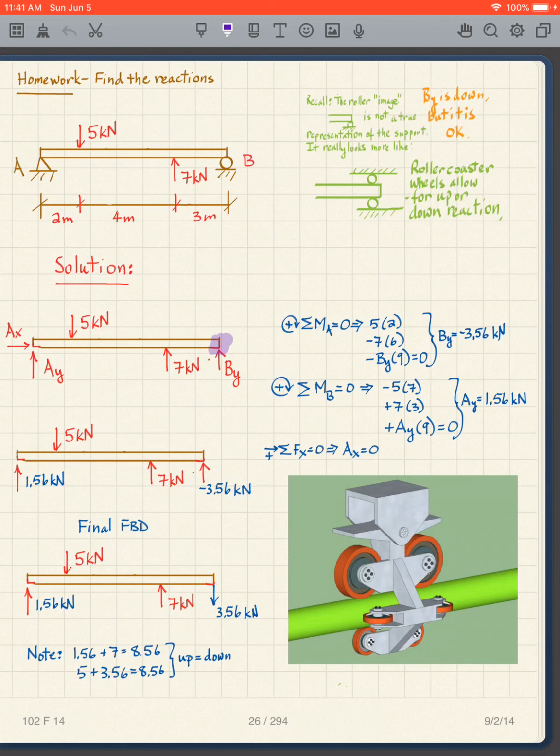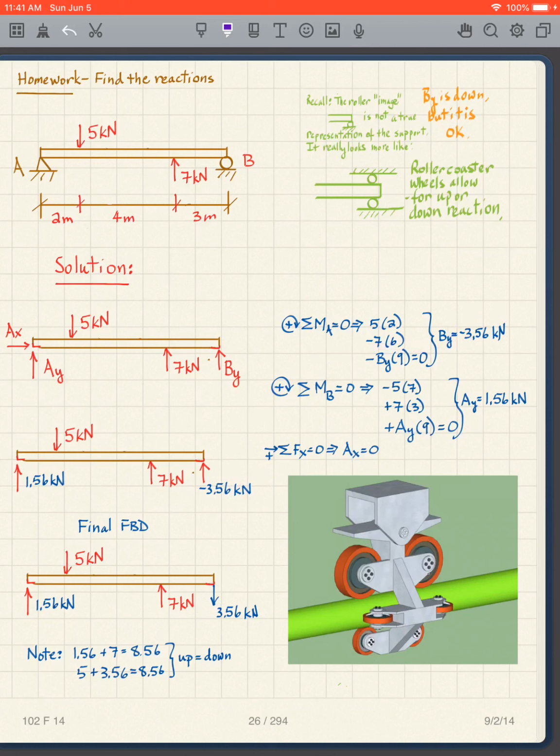We put those into this expression. I get AY as 1.56 kilonewtons. And so again, this is a negative, so I don't want to see that. I want you to flip the arrow around and show a positive value.